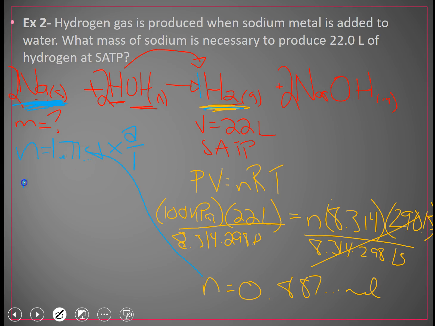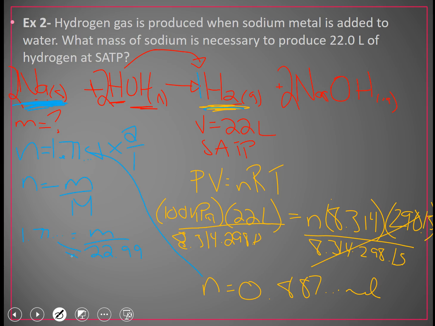And so then I'll take that information and substitute it into n equals m over M. So the number of moles is 1.77, and so on. I'm looking for the mass, and the molar mass of sodium is 22.99.